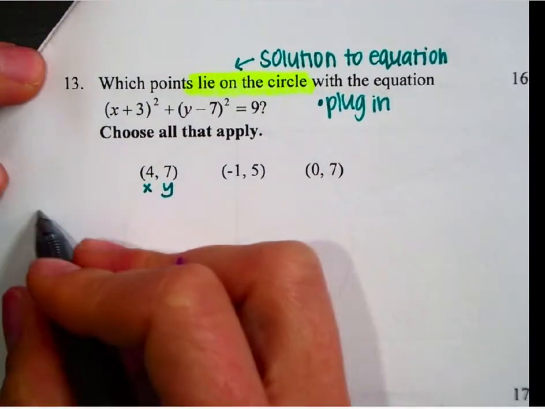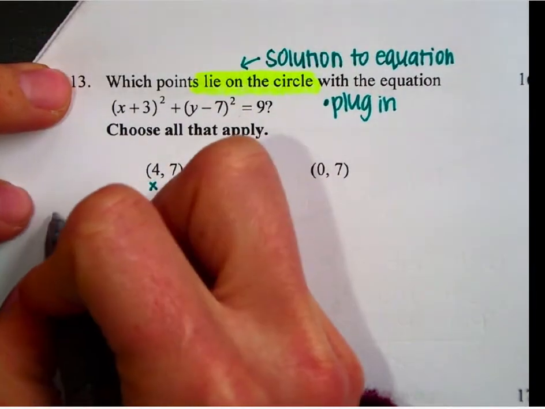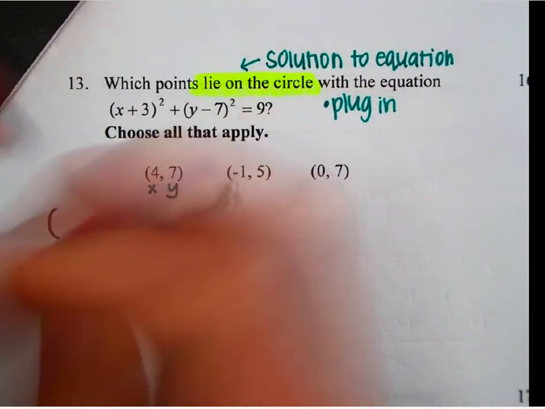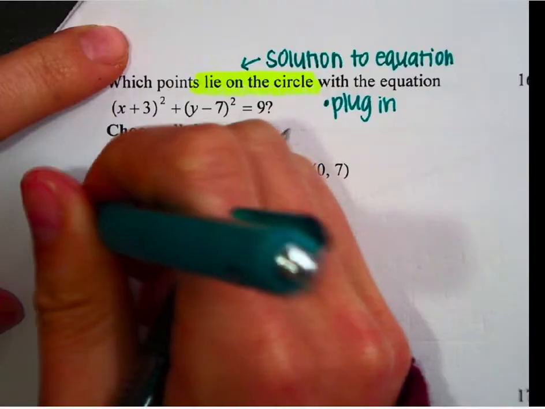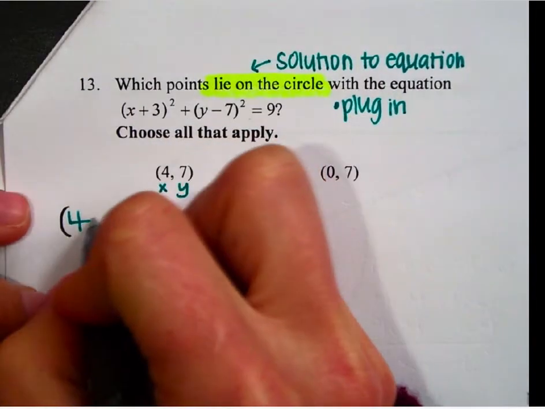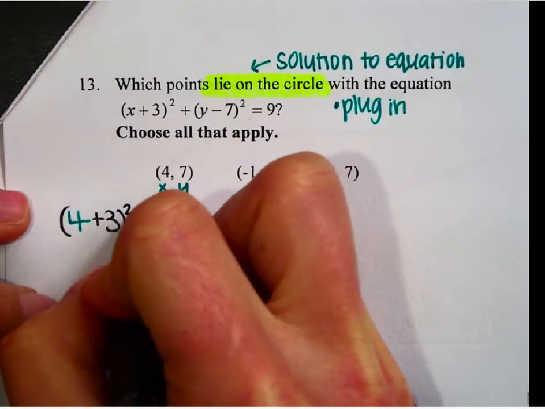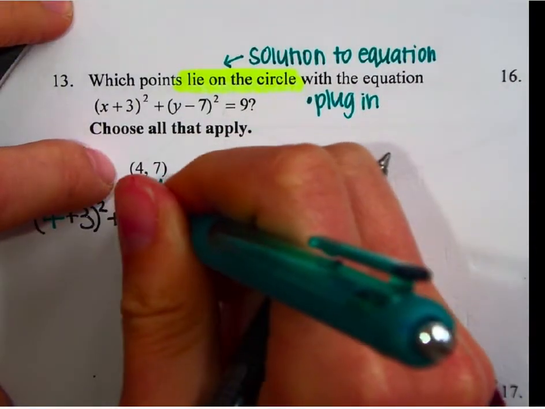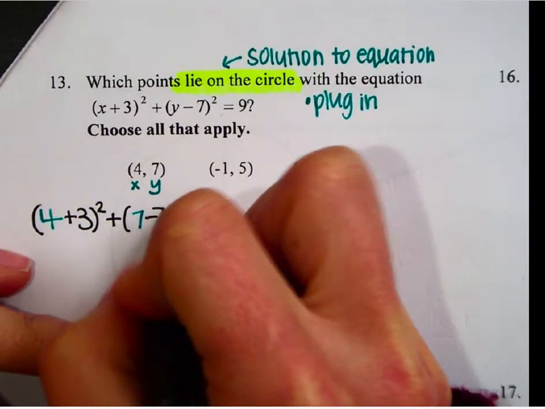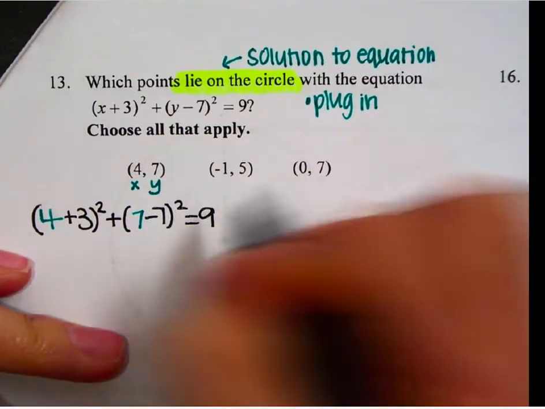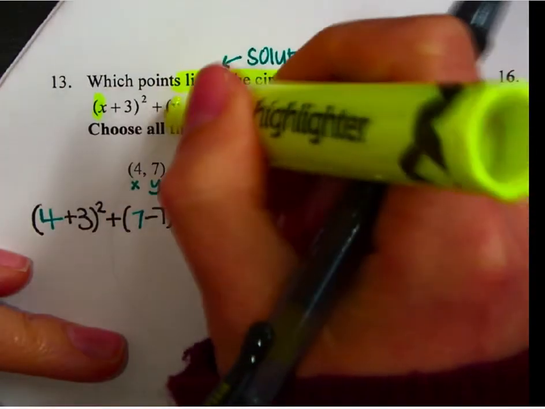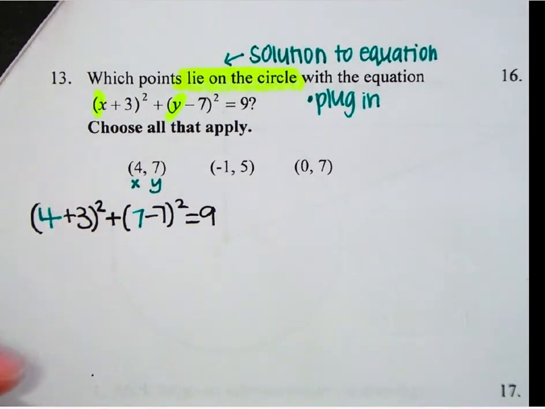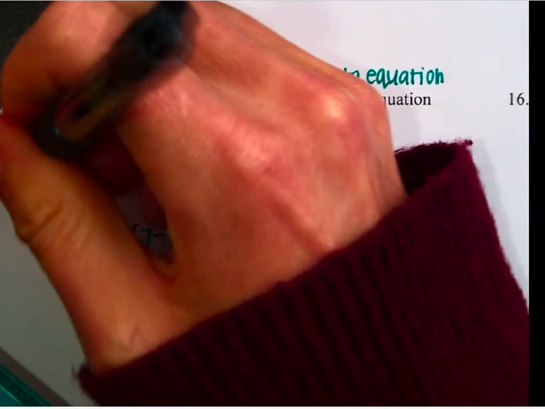So I'm going to write it over towards the left of my paper. So inside of my first set of parentheses, we have 4 plugged in for x, followed by the plus 3 squared. For y, we're plugging in 7, and then copying down the rest. So again, we're plugging in the x that's given and the y that's given. We need to make sure we know our order of operations, PEMDAS.